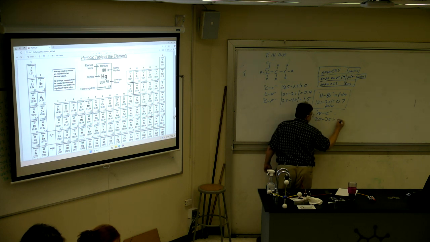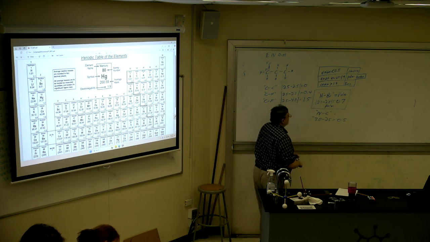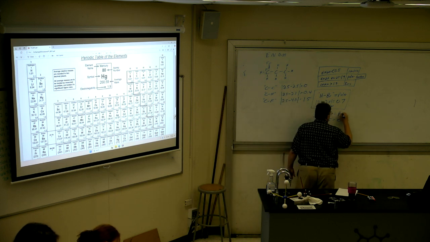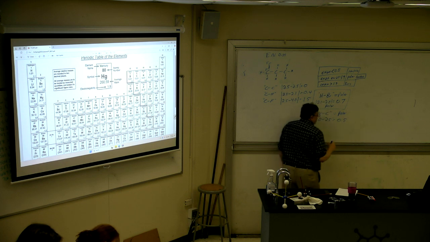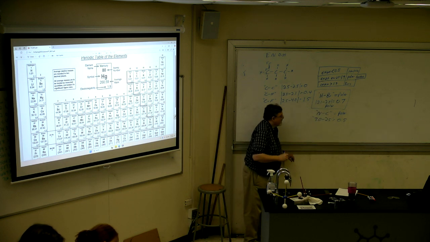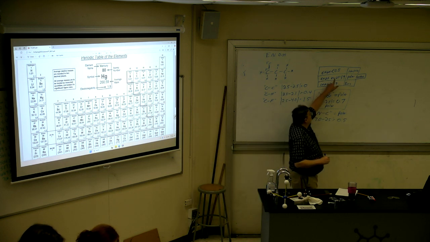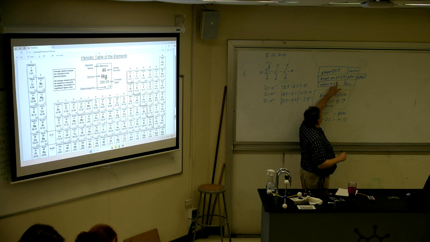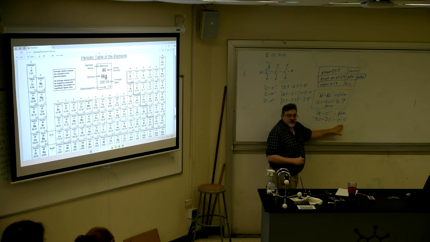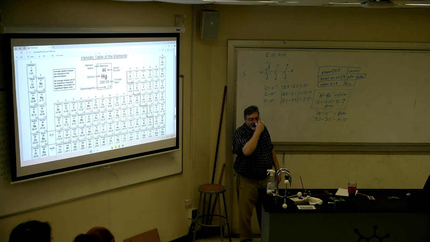Here we have a difference of 0.5. So this one's just barely polar. You can compare polarities. This one's 0.5, so if it's less than 0.5, it's nonpolar. If it's 0.5 to 1.9, it's polar covalent. That one's just barely polar. You see what I'm saying?